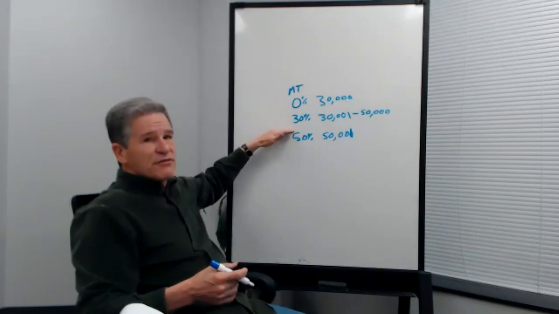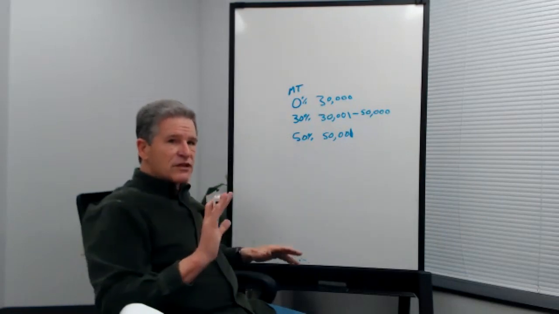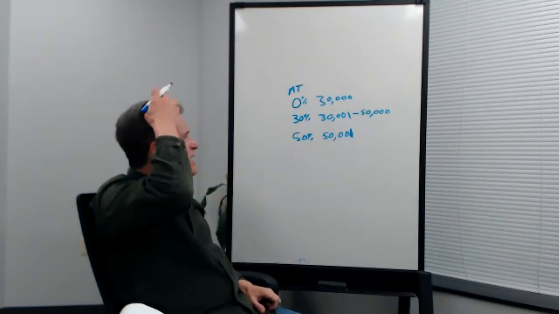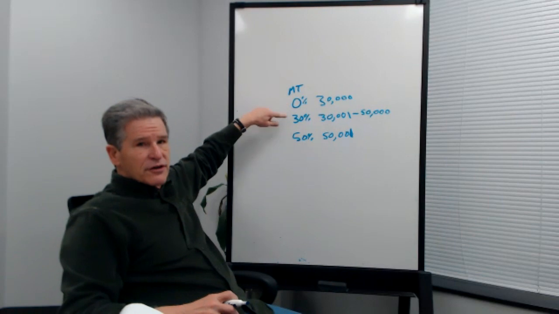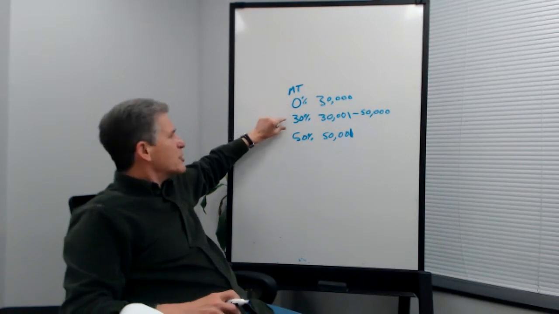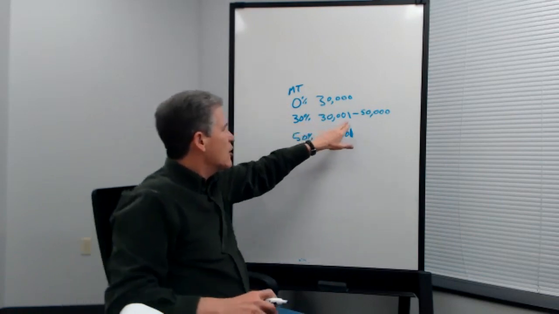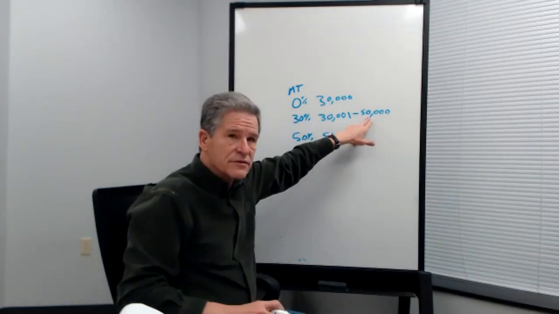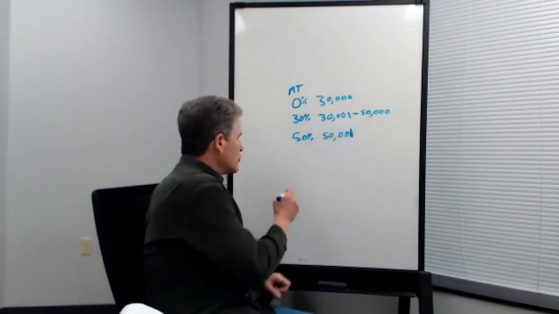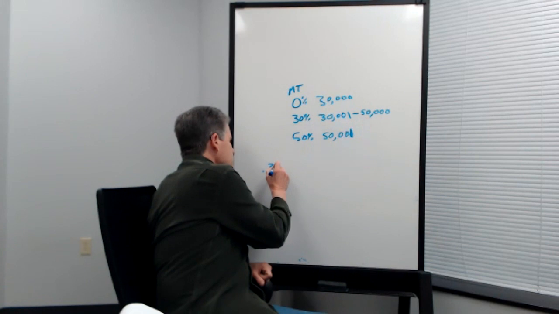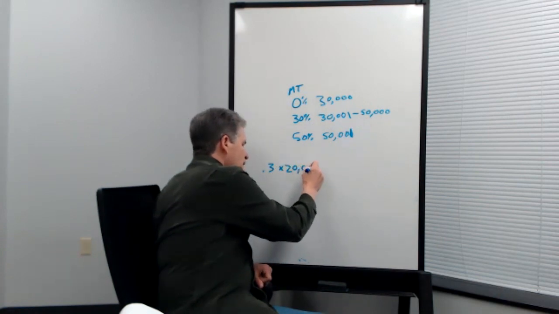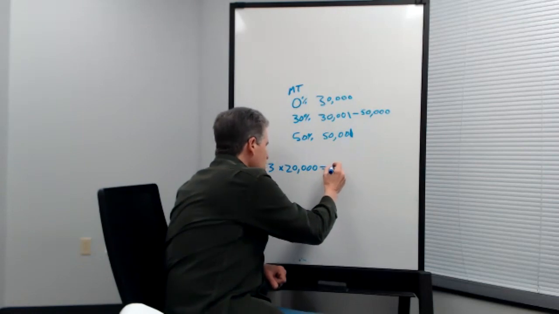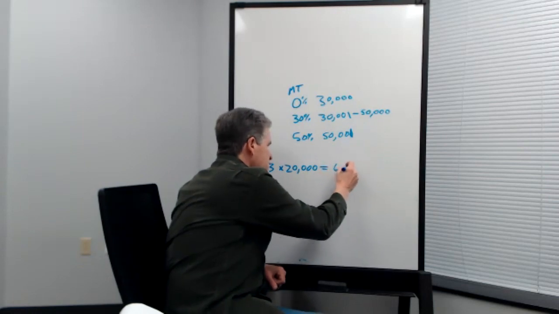But now let's jump to 50,000. At 50,000, how much in taxes are you going to pay? You're going to pay nothing on the first 30,000, and then you're going to pay 30% on the next 20,000. So you're going to pay 30% times 20,000, and that gives you a total of 6,000 in taxes.